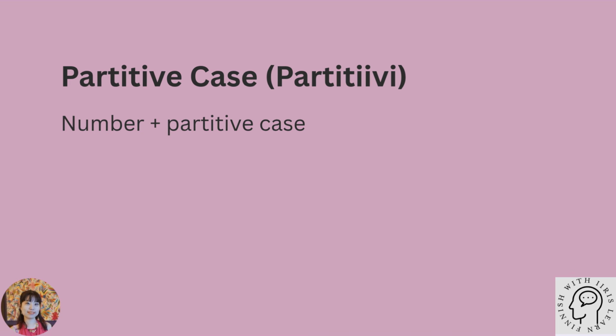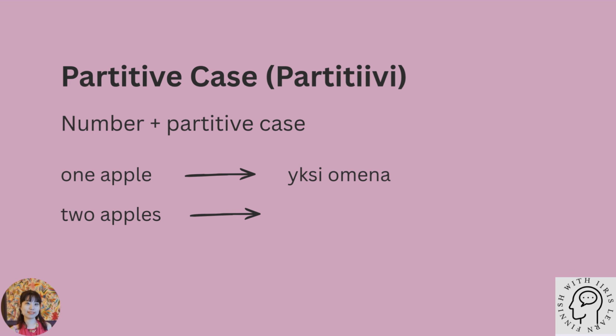When there is only one, we use the basic form of the noun. However, when there are two or more, or zero, we use the partitive case. For example, one apple in Finnish is yksi omena, but two apples is kaksi omenaa.